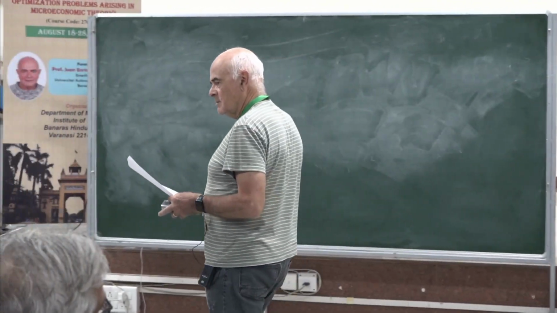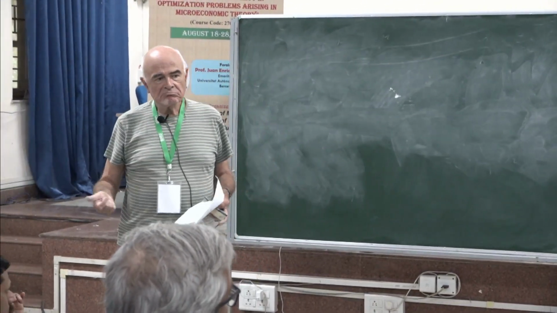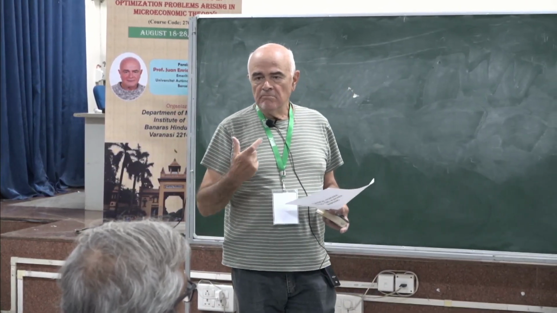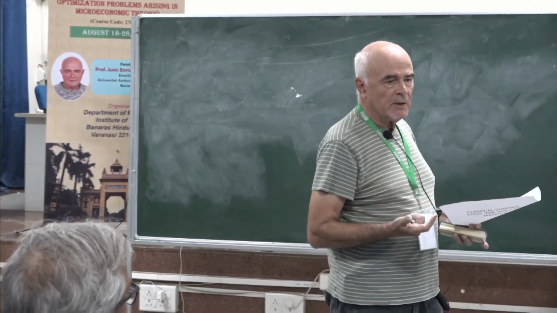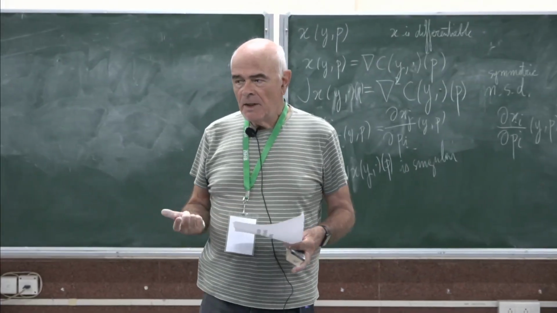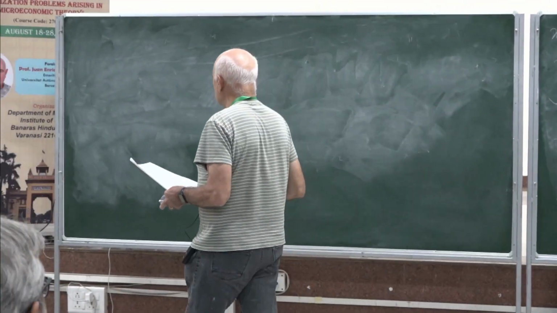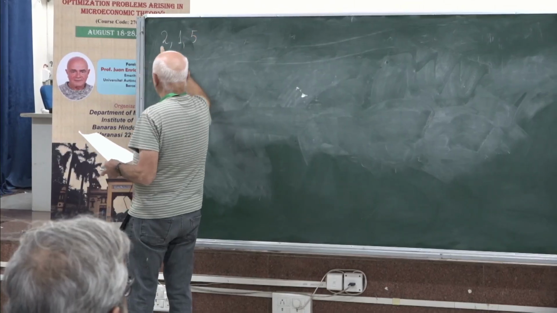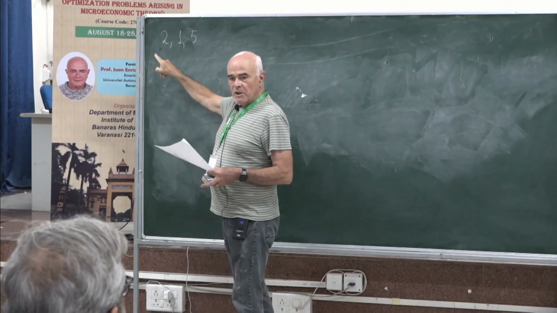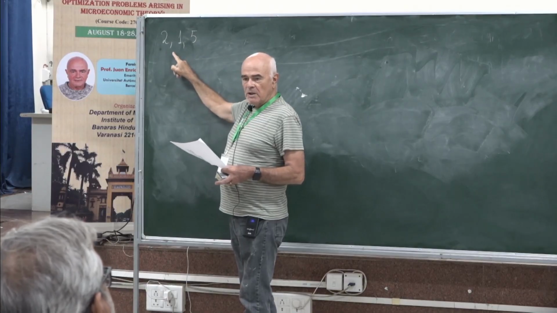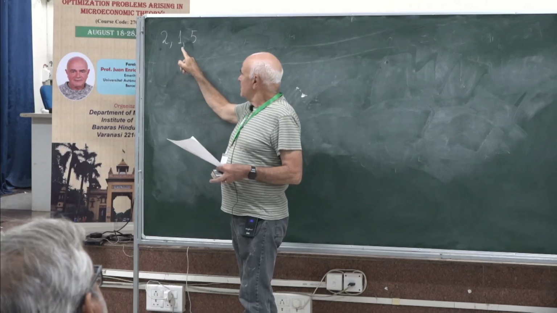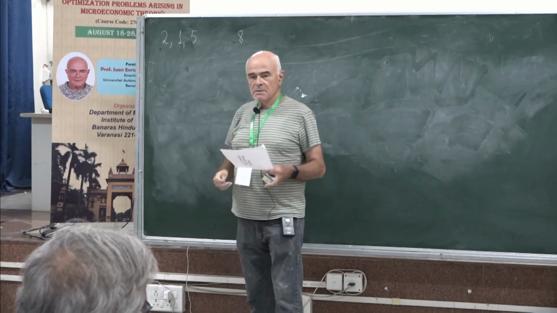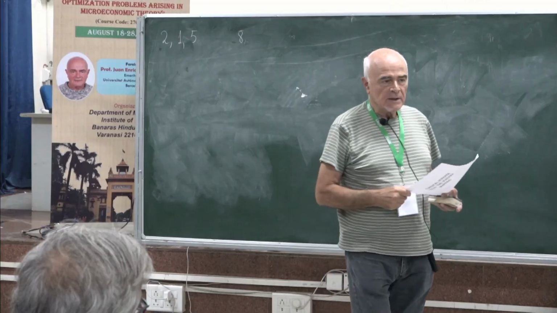Suppose we are producing, let's say, a fertilizer by mixing together 3 different chemical products in the following proportions. From 2 liters of chemical A, 1 liter of chemical B, and 5 liters of chemical C, I produce 8 liters of our fertilizer.